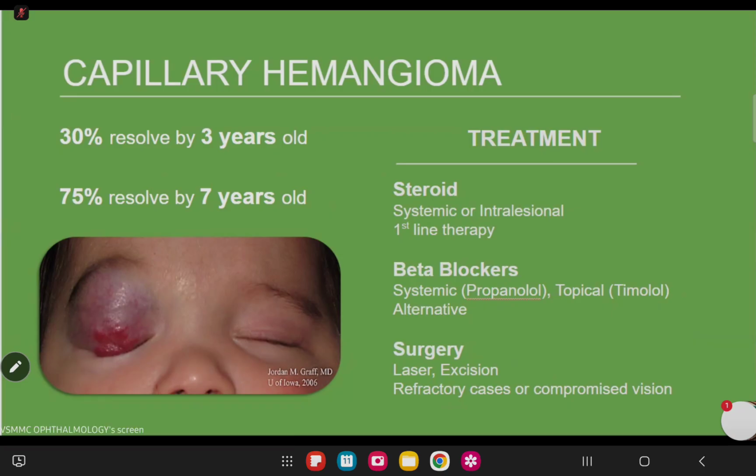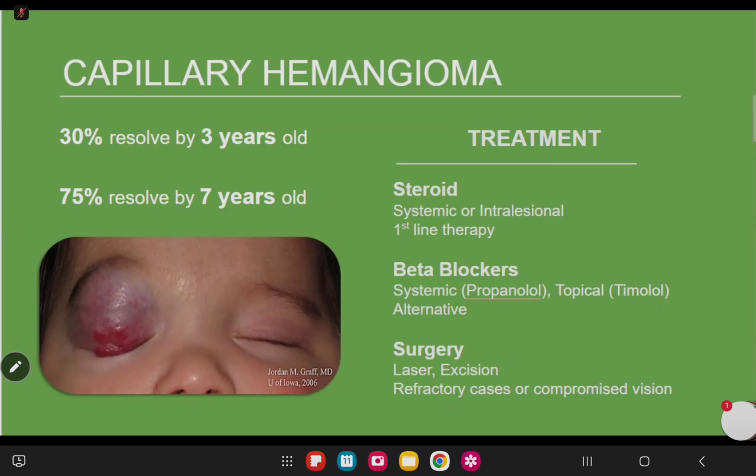70% resolved by 7 years old. However, as I've said earlier, if the mass is threatening the patient's visual acuity due to the pressure exerted by the mass, it deforms the cornea, it causes astigmatism. Then we resort to giving intralesional or systemic steroid as first line therapy.